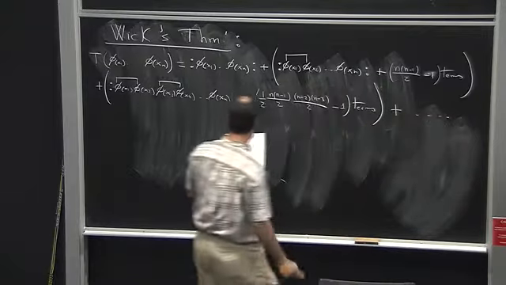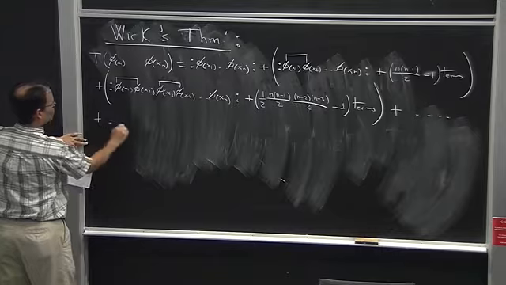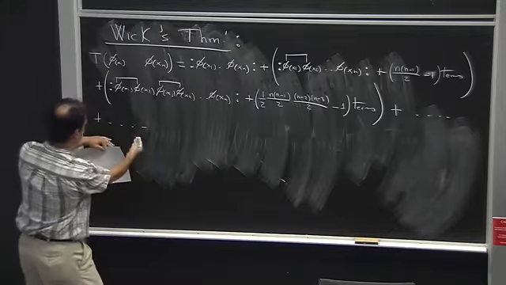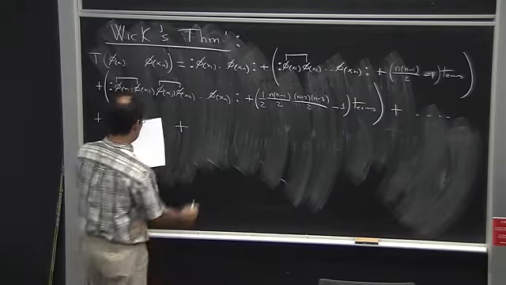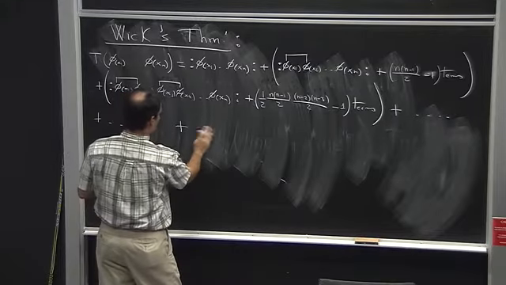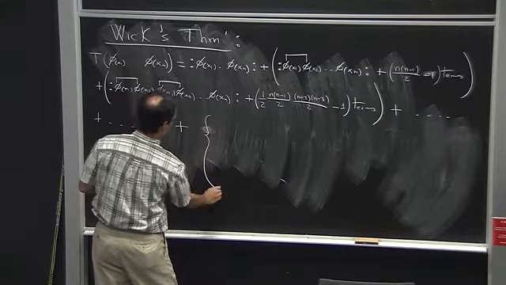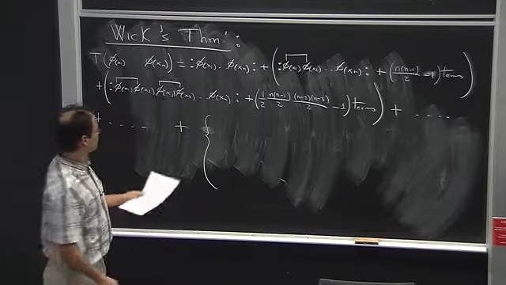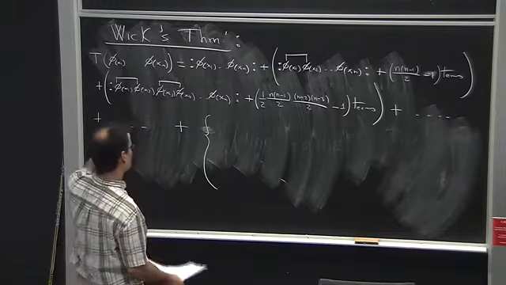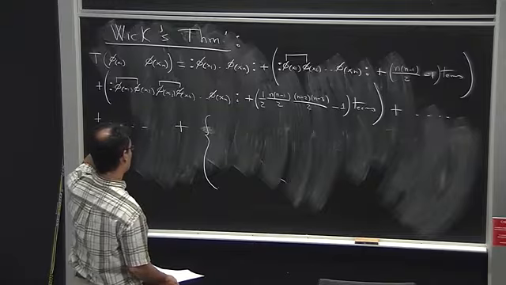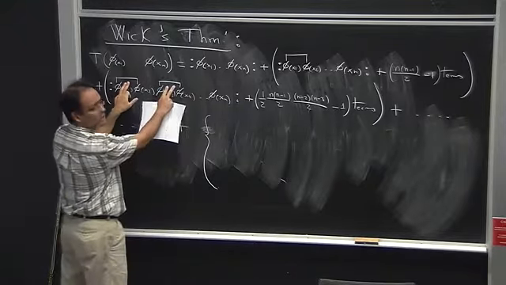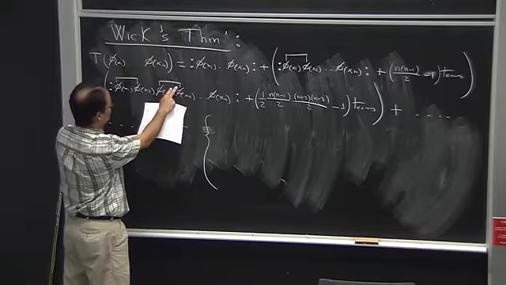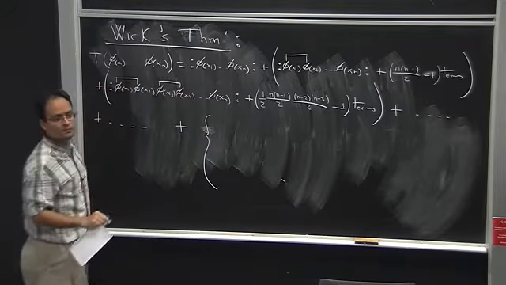Plus all possible contractions, now 3 contractions, 4 contractions, all the way until you end up with... Where does the additional factor of a half come in? So you've got n times n minus 1 over 2. Because doing this one first and then this one later is the same as doing this one first and then doing this one later.